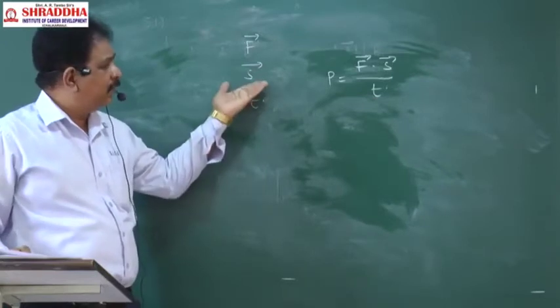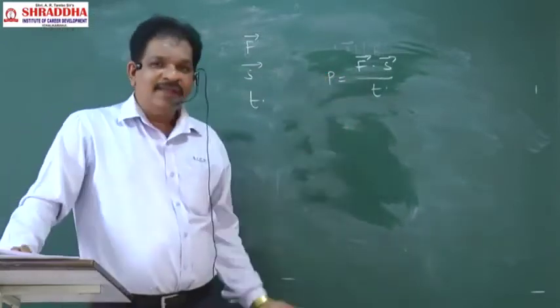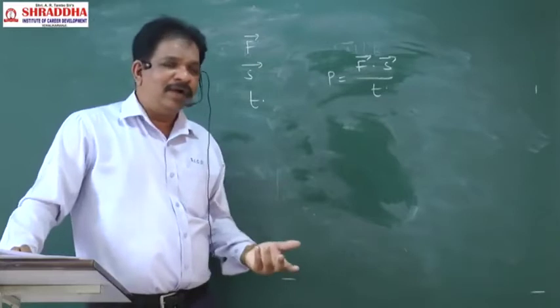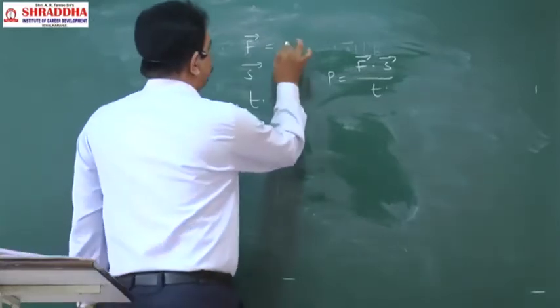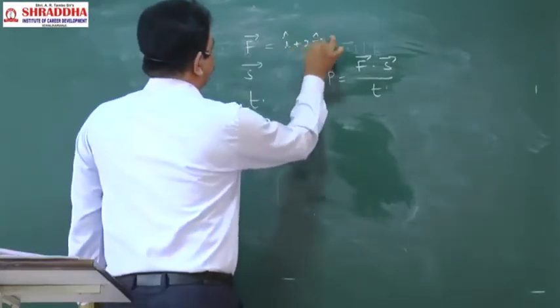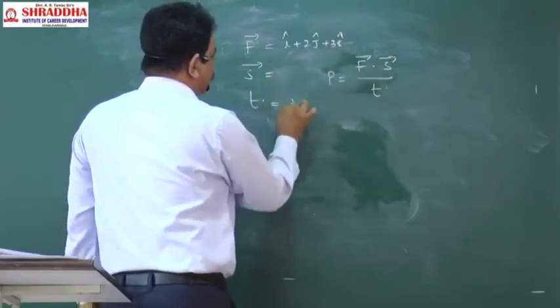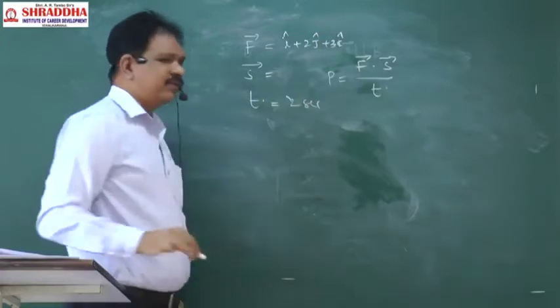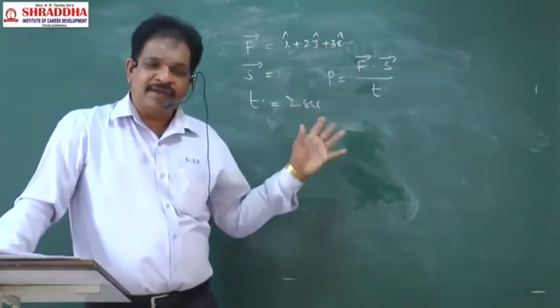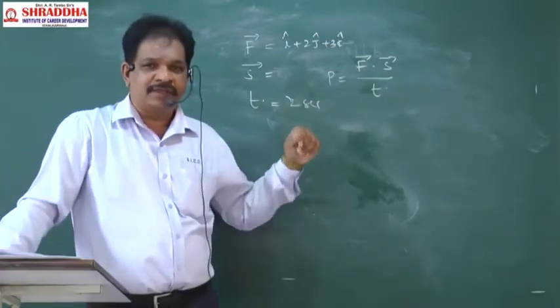For this question, remembering the answer is foolishness. They can give any value. F bar is I cap plus 2 J cap plus 3 K cap, and this will be 2 seconds. Any values. For this, remembering the answer is foolishness.